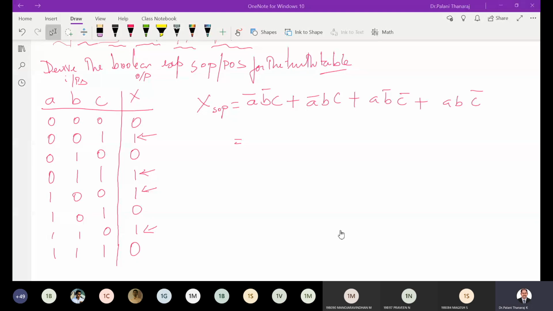How about some other student? Madhu Manju, you can unmute and just respond. So Madhu is not here.